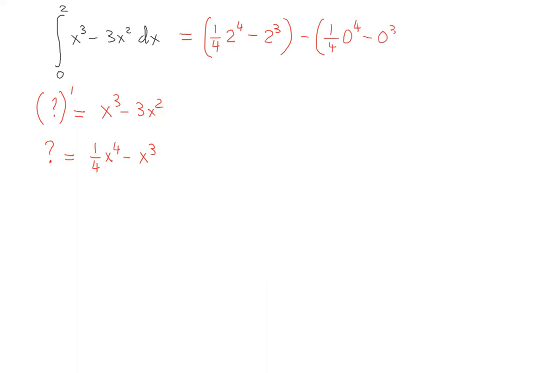But let's rewrite it so as to make sure that we see everything. 2 to the 4th is 16, divided by 4 is 4, minus 8, that's -4. So the final answer is -4. And of course, at this point, one might wonder what in the world is going on here.